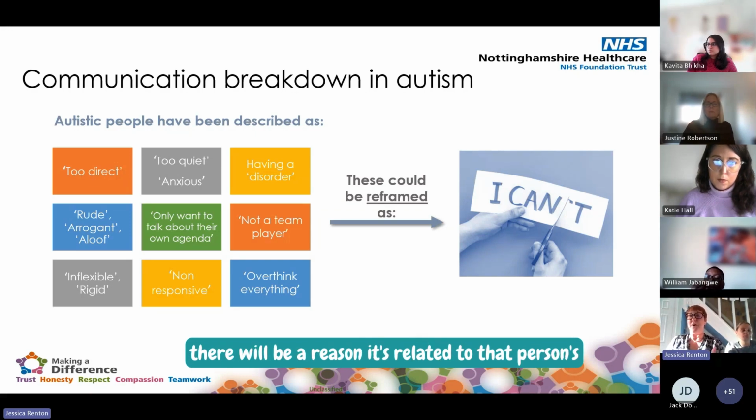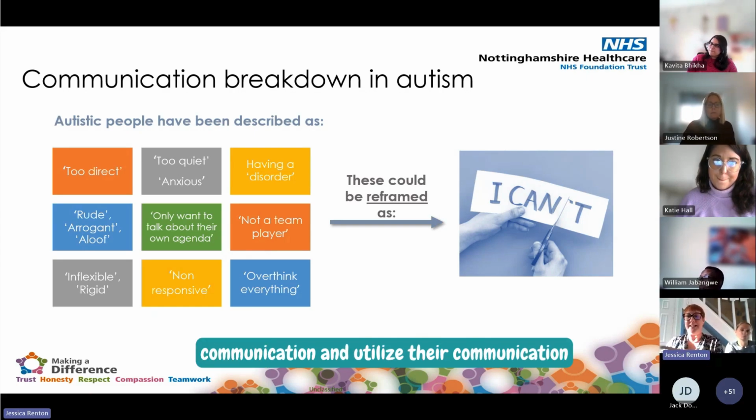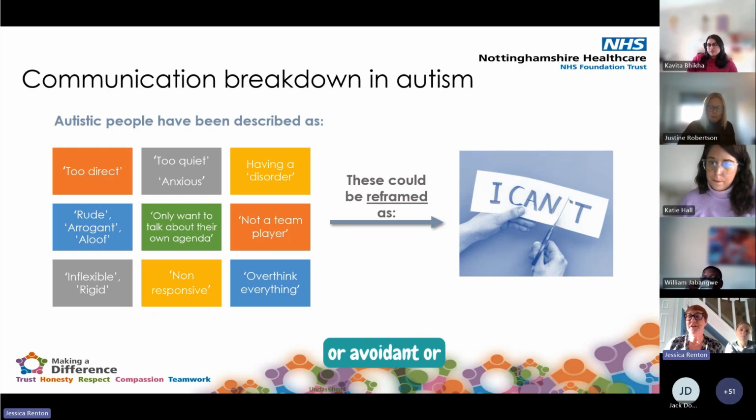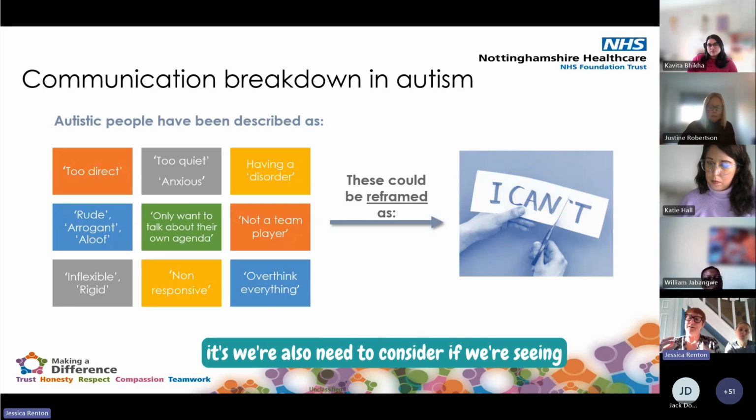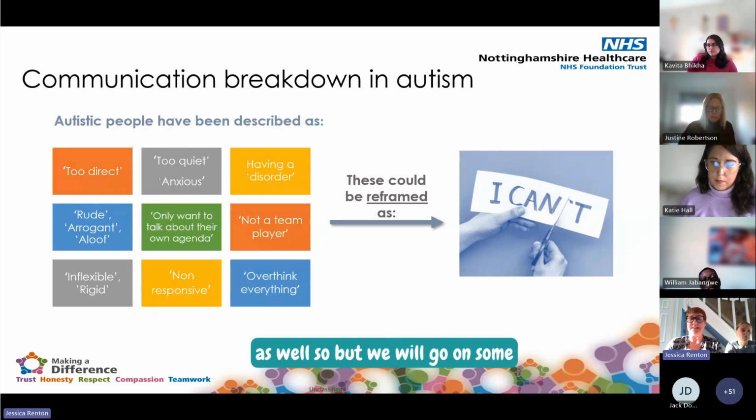It's related to the way that they are processing and utilizing communication, rather than being intentionally obstructive or avoidant or rude or unable to. And we also need to consider, if we're seeing these things, what can we do differently to support and facilitate that communication more effectively as well. But we will go on to some strategies related to that.